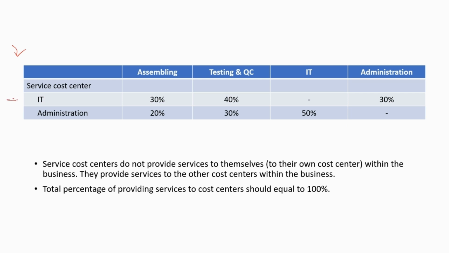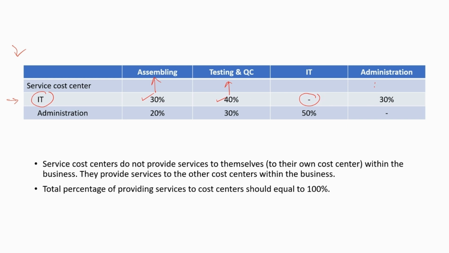Look at this row. This is the IT cost center, which is a service cost center. The IT service cost center provides 30% of their services to the assembly cost center and provides 40% of their services to the testing and quality control. And they do not provide services to themselves.